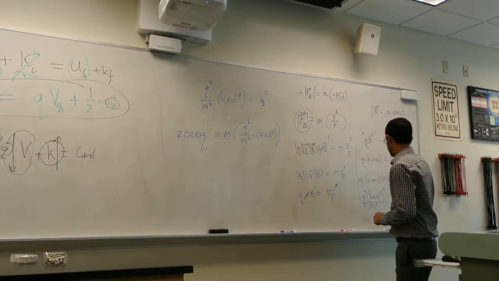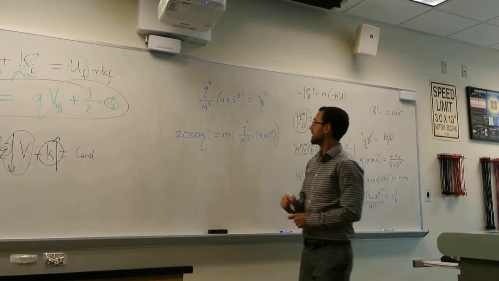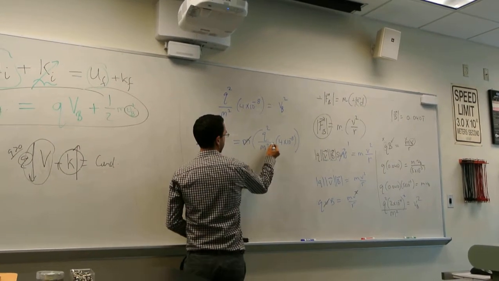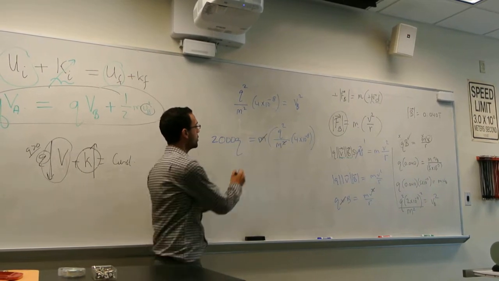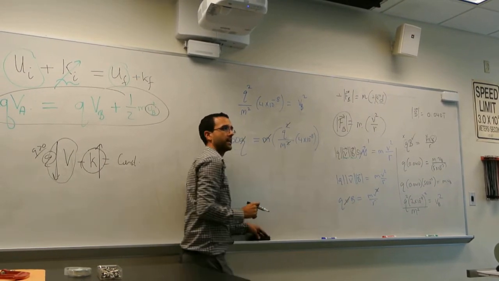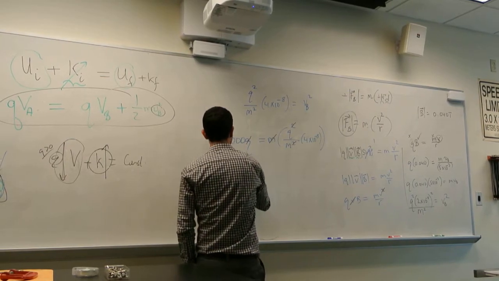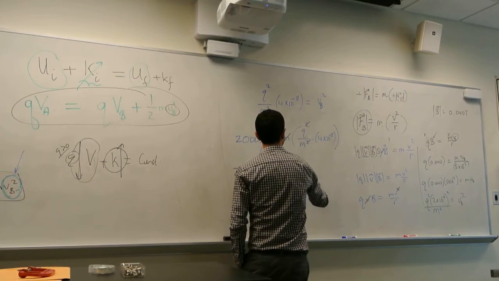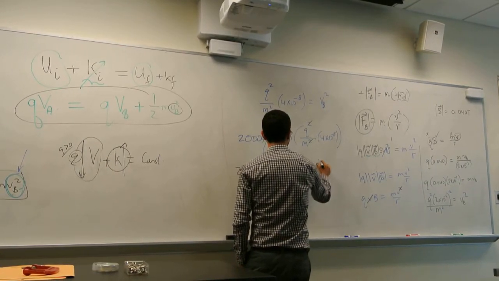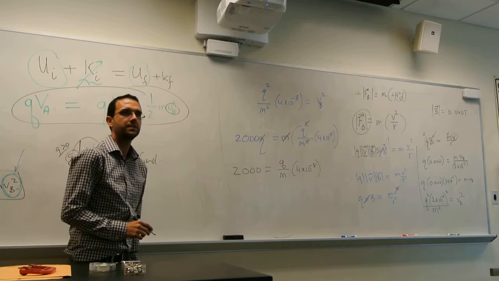Okay, now look at this. Does everybody agree that this M is going to cancel out one of these? And this Q is going to cancel out one of these. So I'm going to be left with 2000 is equal to Q over M times 4 times 10 to the minus 8. Does everybody agree with that statement?